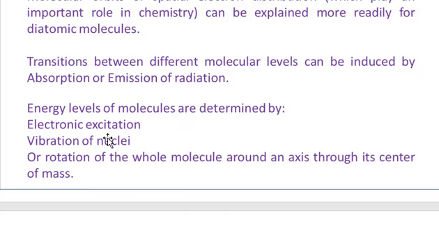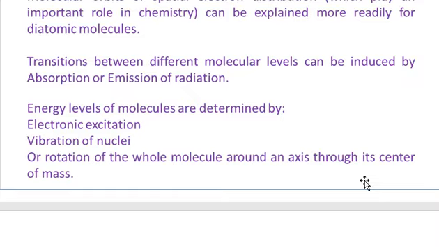Electronic excitation is the main thing, and then under the electronic excitation, if the nuclei are also vibrating, then we have the vibrational levels within the electronic excitations, and if the molecule is also rotating about an axis perpendicular to the center of its mass, then of course we have the rotational levels.